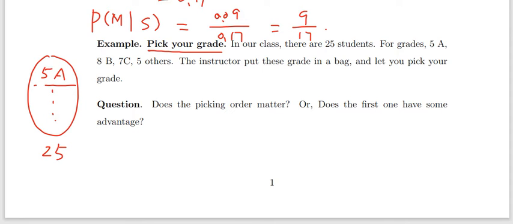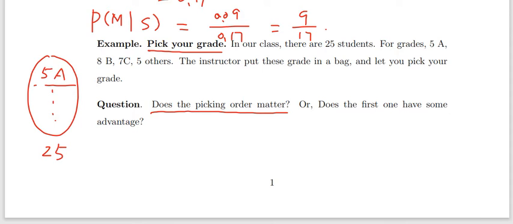So the question is, if the grading policy is like that, do you prefer to pick first, or second, or last, or we say the picking order actually doesn't matter? Does this matter or not?